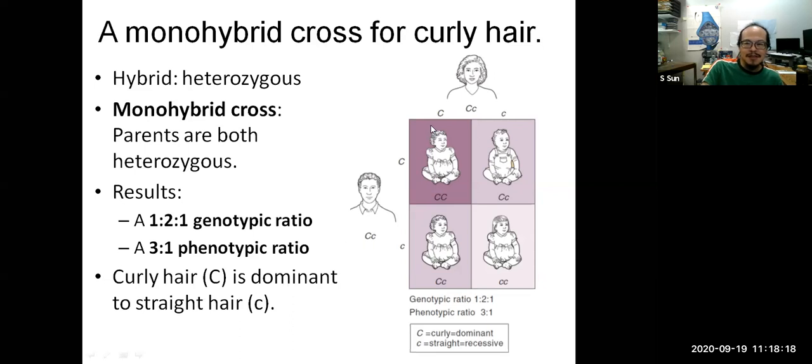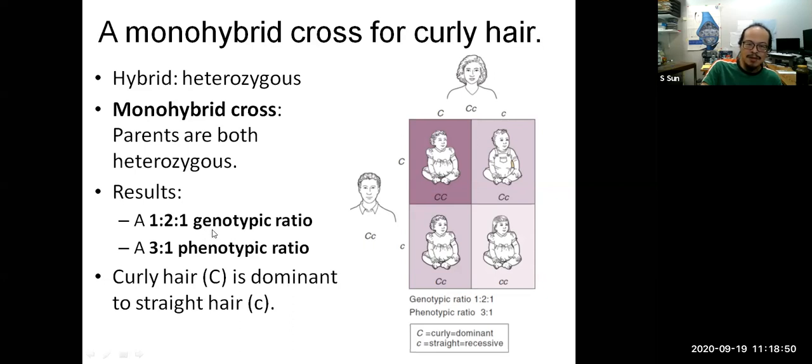Here is the Punnett square. We can see that for the monohybrid cross, the genotype ratio is 1 to 2 to 1: one homozygous dominant, two heterozygous, and one homozygous recessive.